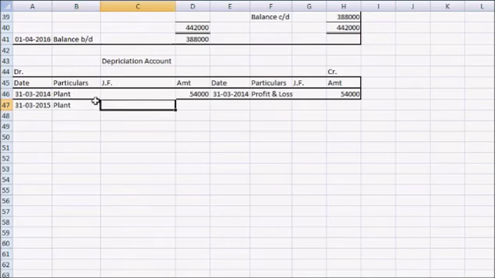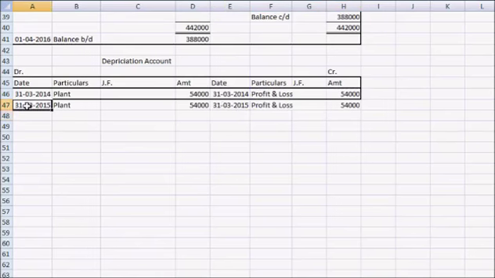We'll write the same amount because we are using straight line method. This is 31st of March 2015 again. This would be in profit and loss account, and the amount will remain same.